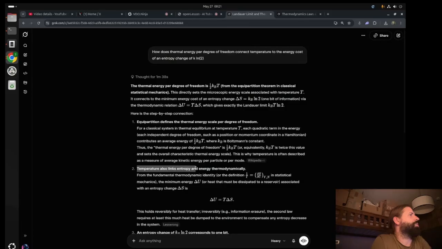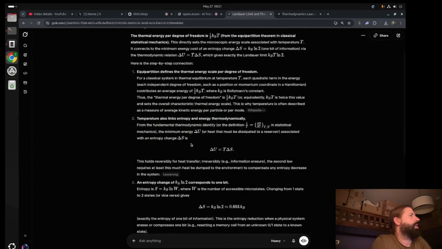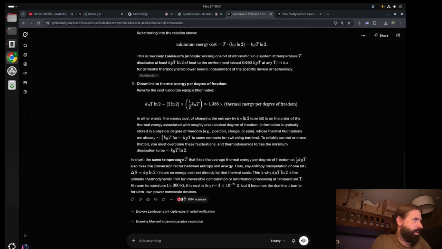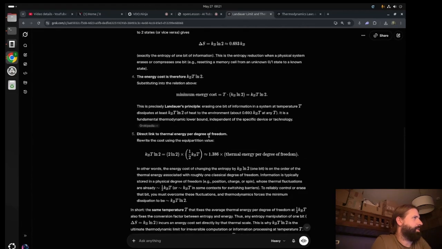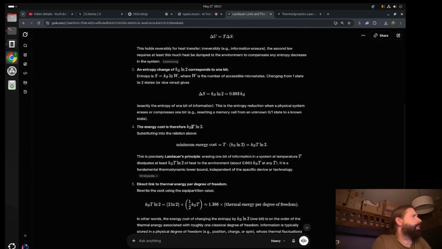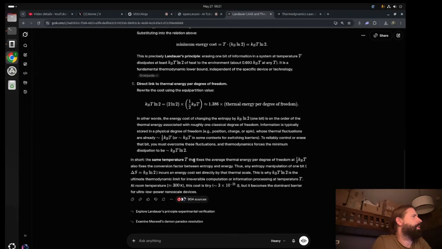Temperature also links entropy and energy thermodynamically. An entropy change of, whatever that notation means, is 1 bit. So in this context, what are degrees of freedom?